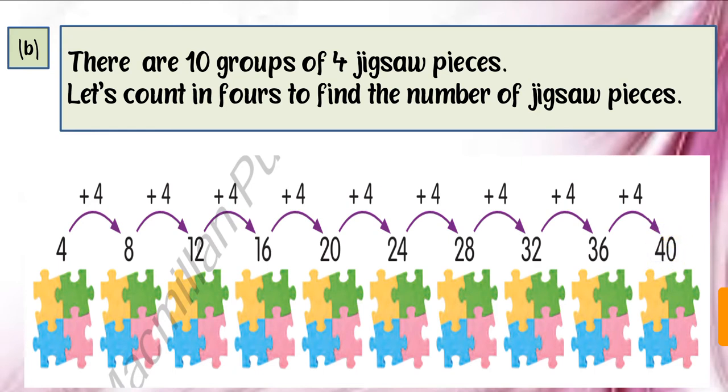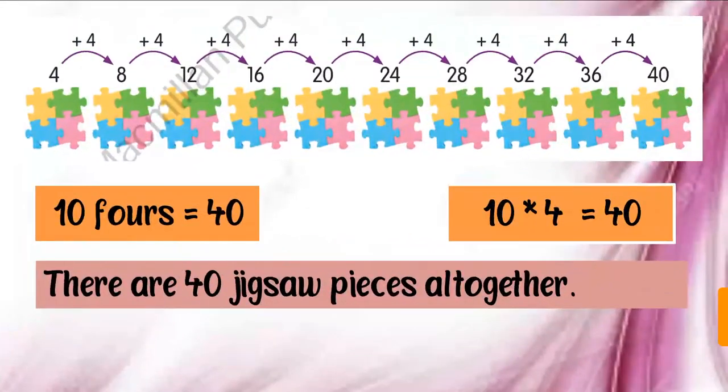Okay, everyone? So, how many jigsaw pieces are in all? There are a total of 40 jigsaw pieces. 10 groups and each group is having 4 jigsaw pieces. So we can say that 10 fours are 40 because there are 10 groups.